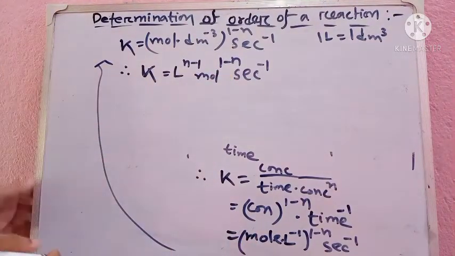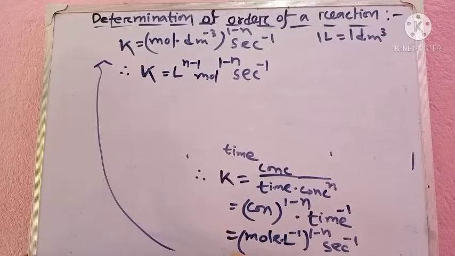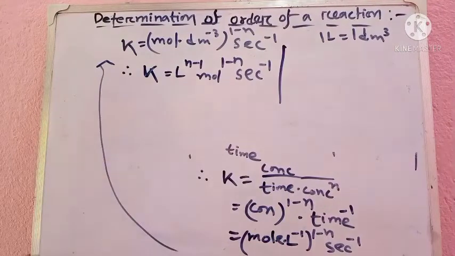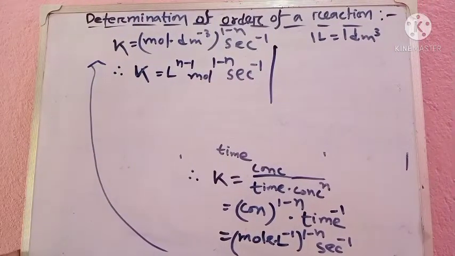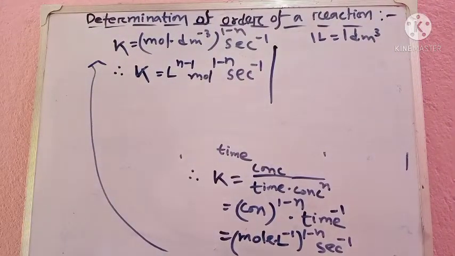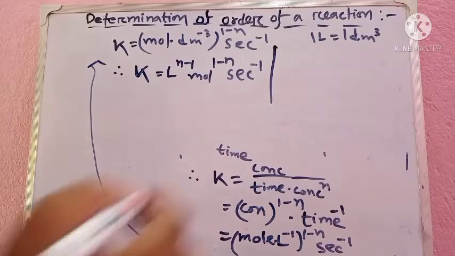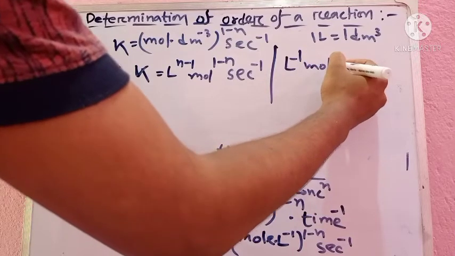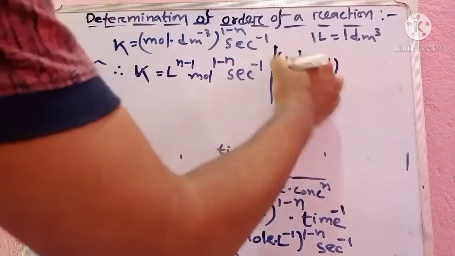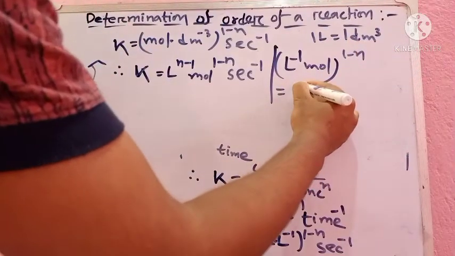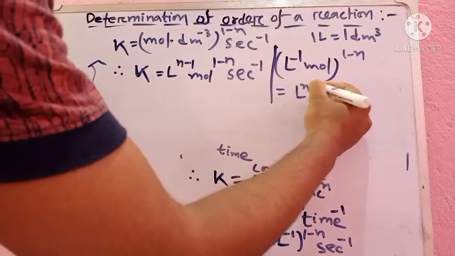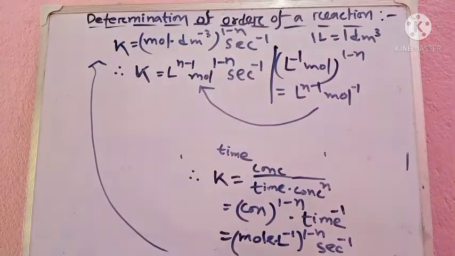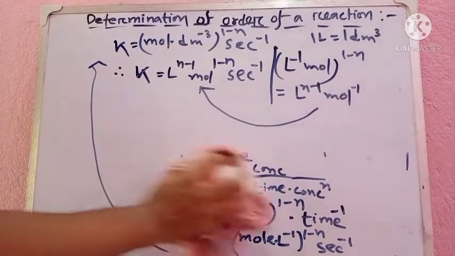And how do we get this? Once again, we know liter inverse mole, whole to the power 1 minus n, equals liter to the power n minus 1 into mole to the power 1 minus n. That is how we get it.